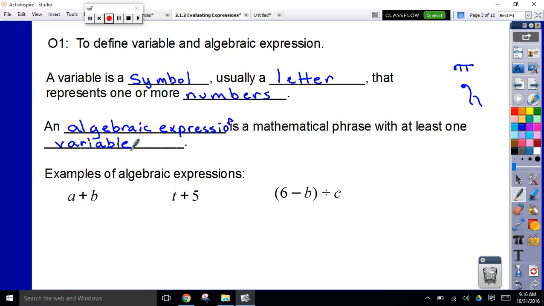And below are some examples of algebraic expressions. They're just expressions that use letters and numbers or just letters. So a plus b is an algebraic expression. t plus 5 is an algebraic expression. Here we have some order of operations symbols going on. We've got (6 minus b) divided by c. Those are all types of algebraic expressions that we may be working with.